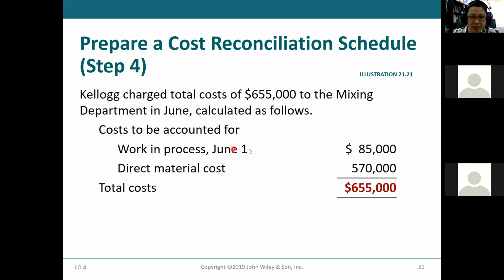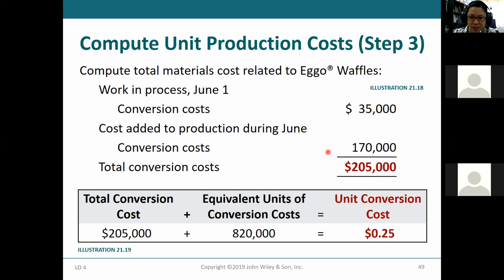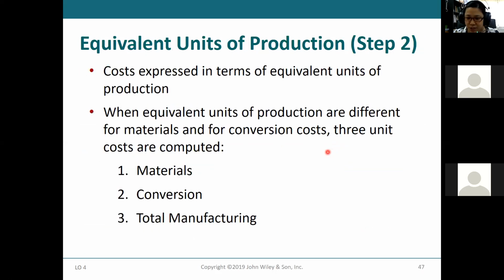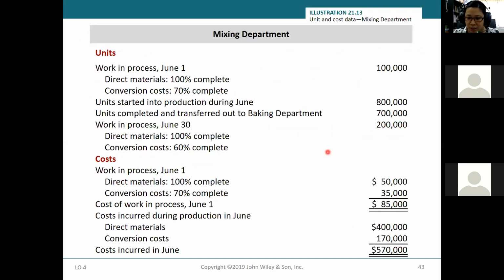So at the beginning of June, we have $85,000 cost. I'll show you the question again. At the beginning, I have 85,000, class? Did you see that? At the beginning, we have 85,000 total cost. During June, how much cost was incurred, class?